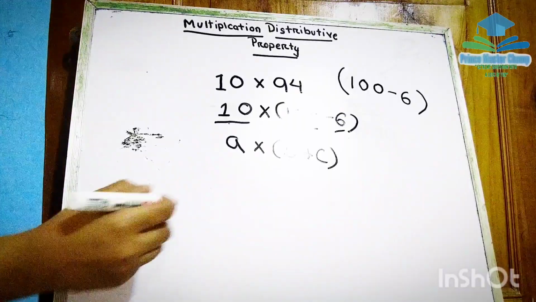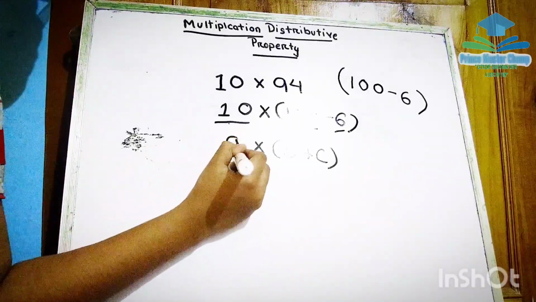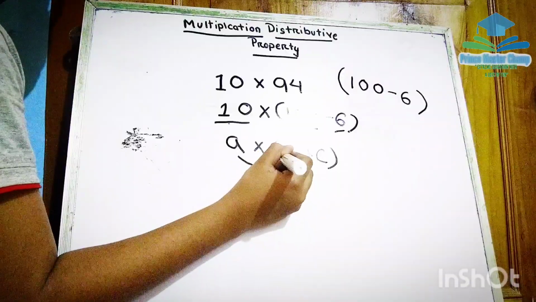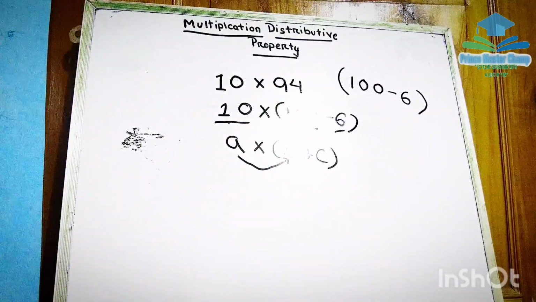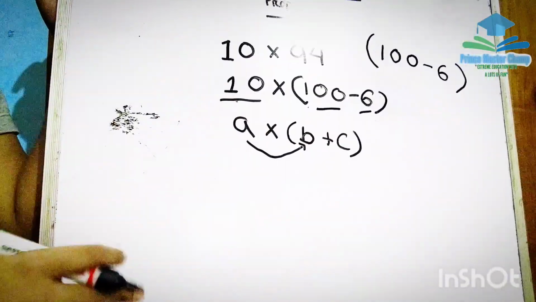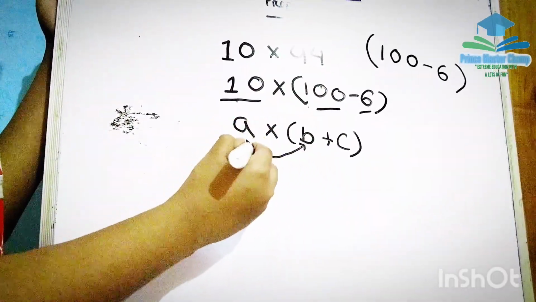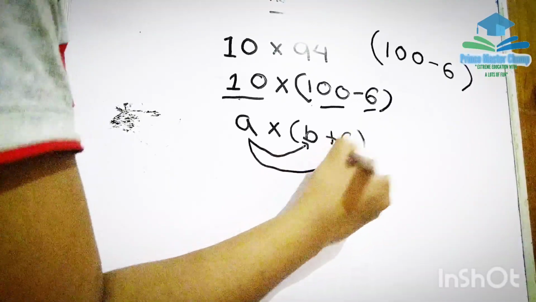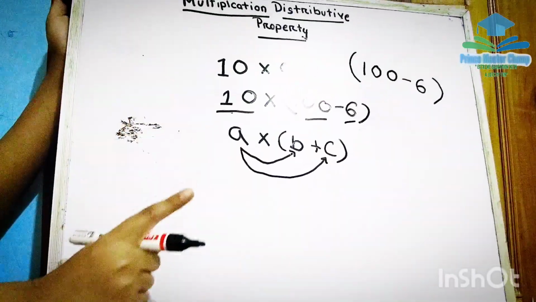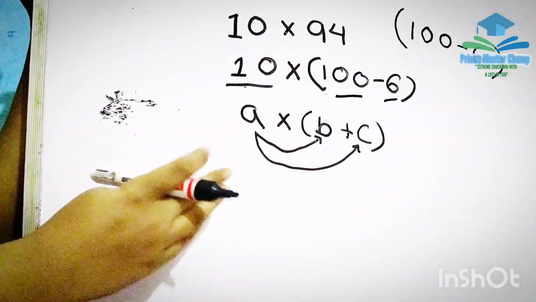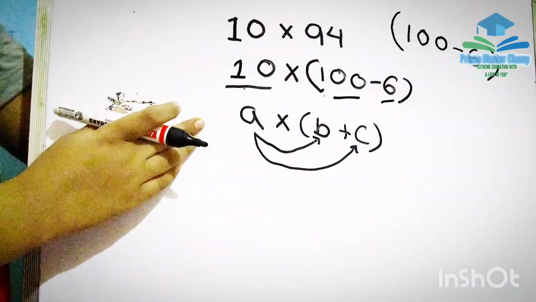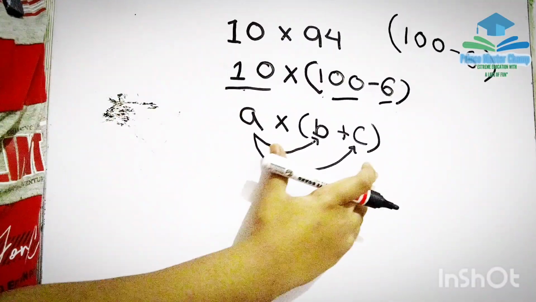The distributive property says that first we will multiply A with B, and then afterwards we will multiply A with C. In step 1, we multiply A with B. In the second step, we multiply A with C.